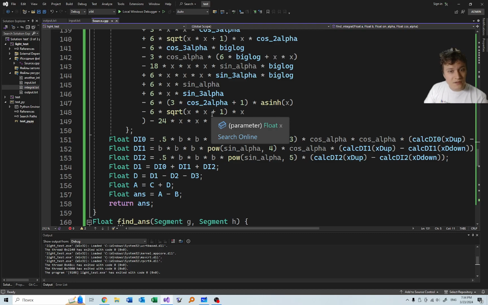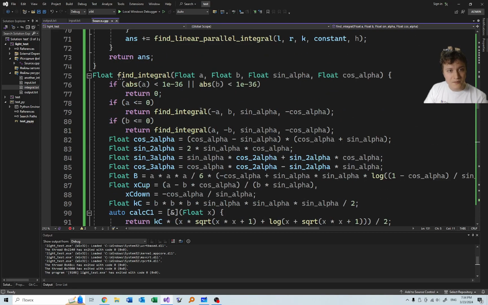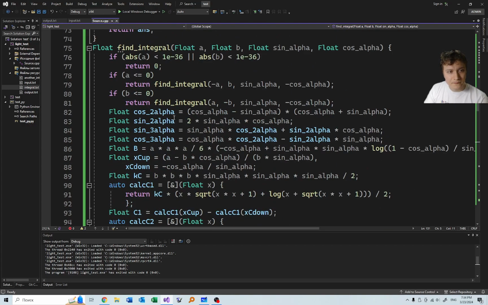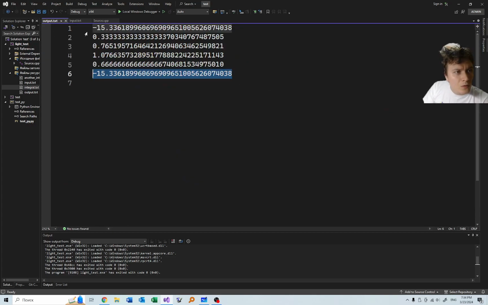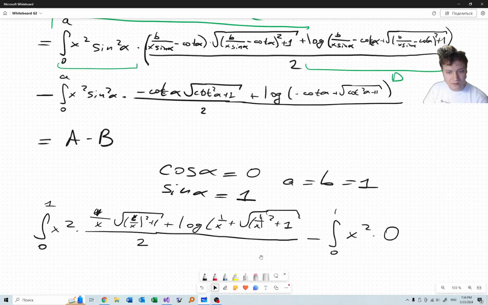To understand the issue, we just need somehow to understand why it is negative. So what is this? So this is like two perpendicular segments.